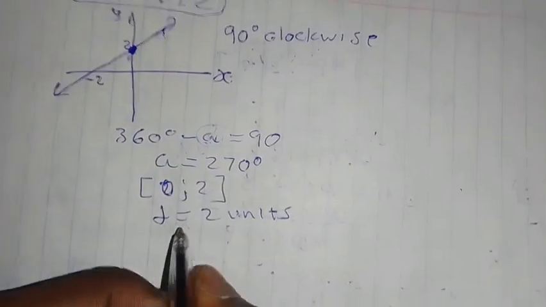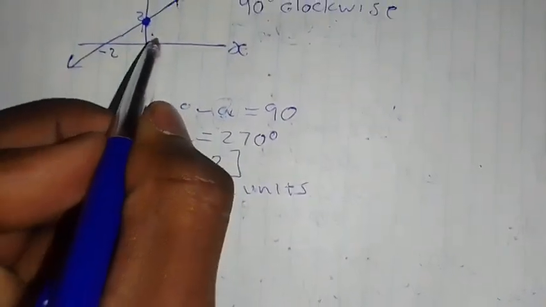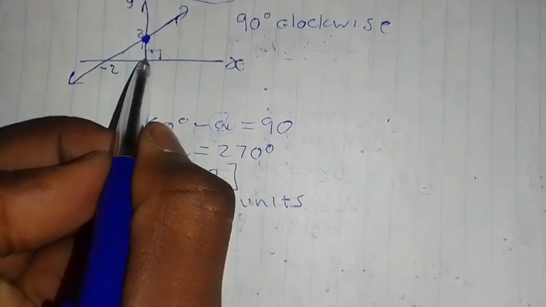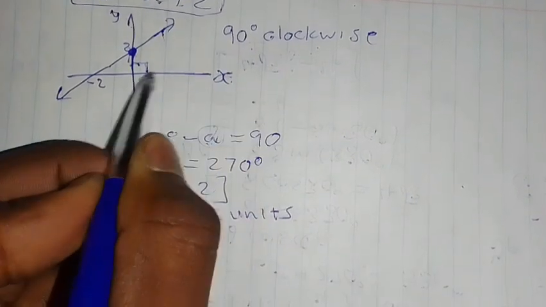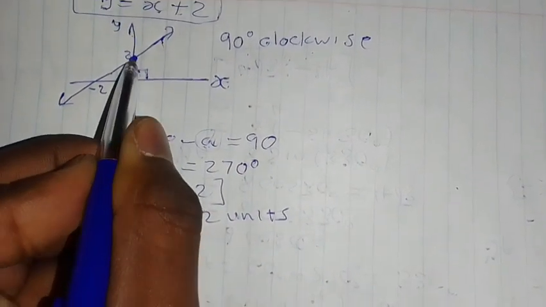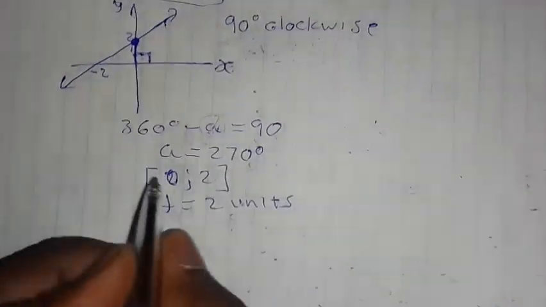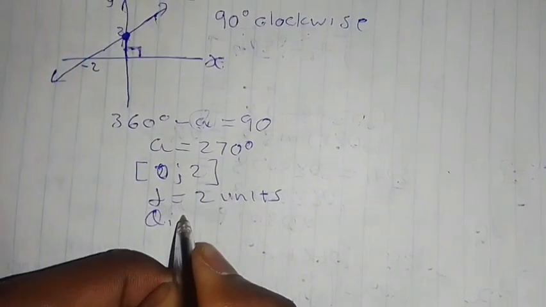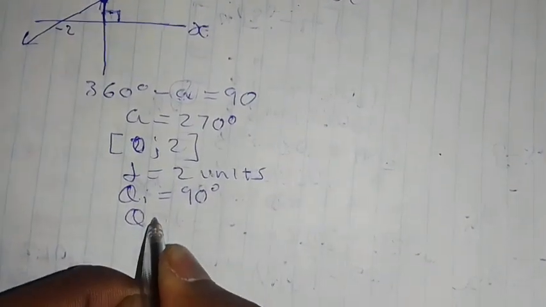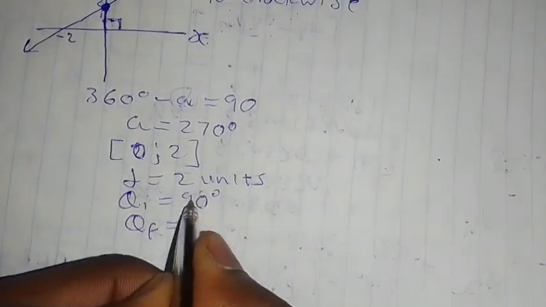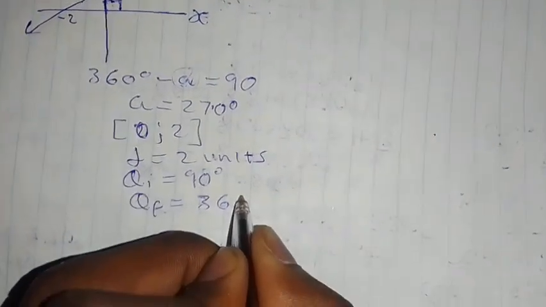Now theta initial, notice that this point is along the 90 degrees, the angle between the x-axis and this point will form 90 degrees, as you can see. So theta initial is 90 degrees. So theta final is going to be 90 degrees plus 270 degrees, which gives you 360 degrees.